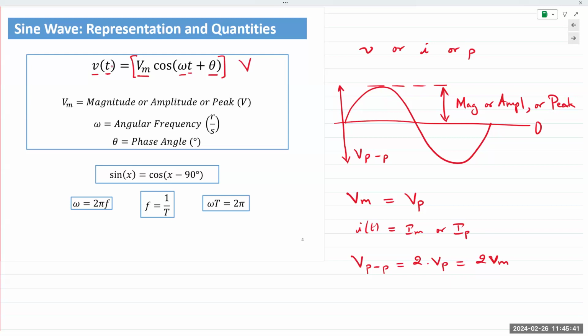But the three quantities inside: the magnitude of the voltage is in volts. Omega is the angular frequency or the angular velocity, and it's in radians per second. When we actually go to the frequency domain in the complex plane, it's radians per second. And then the phase of the waveform is in degrees.